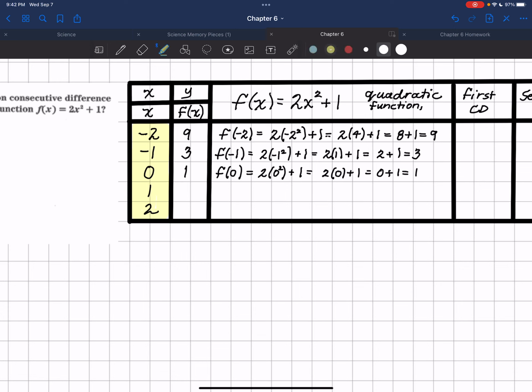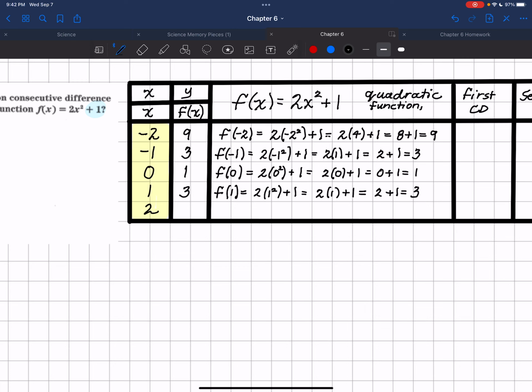I could have told you that because of this value of c right there, baby c. All right, f of 1 is going to be 2 times positive 1 squared plus 1. So 2 times 1 plus 1 is 2 plus 1, or 3.